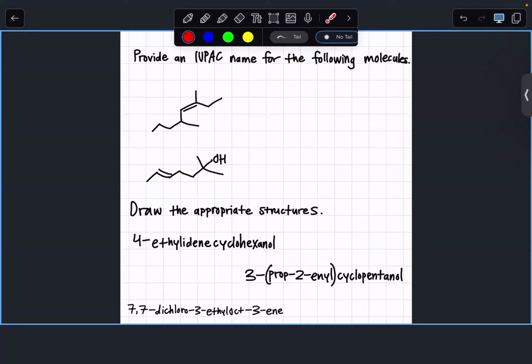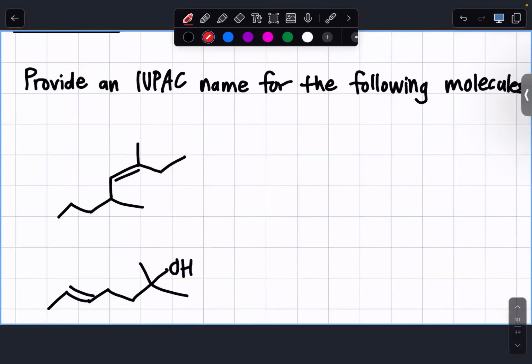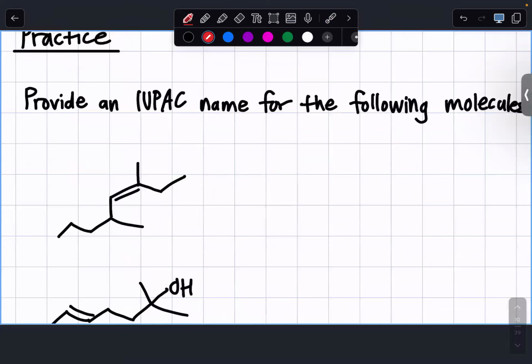Can I have 5 volunteers to come up and try these problems? It's okay if you get it wrong. Some people might make the same mistake. Oh, you could write it on my iPad here.